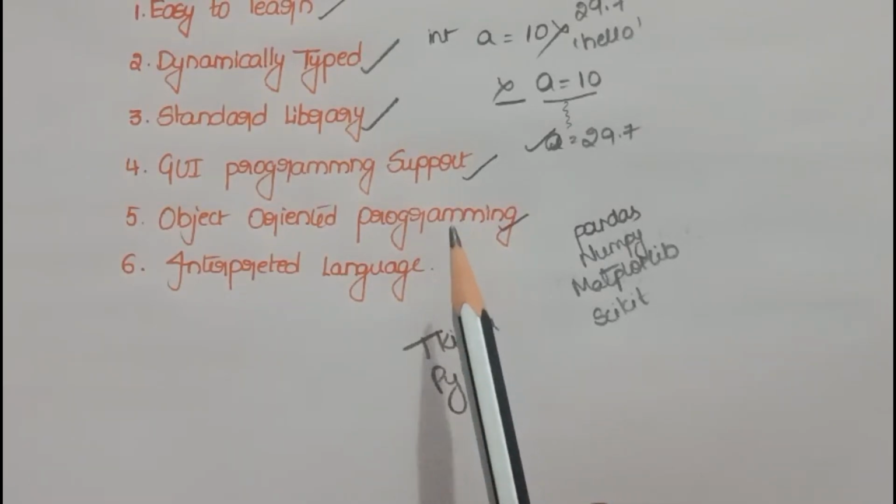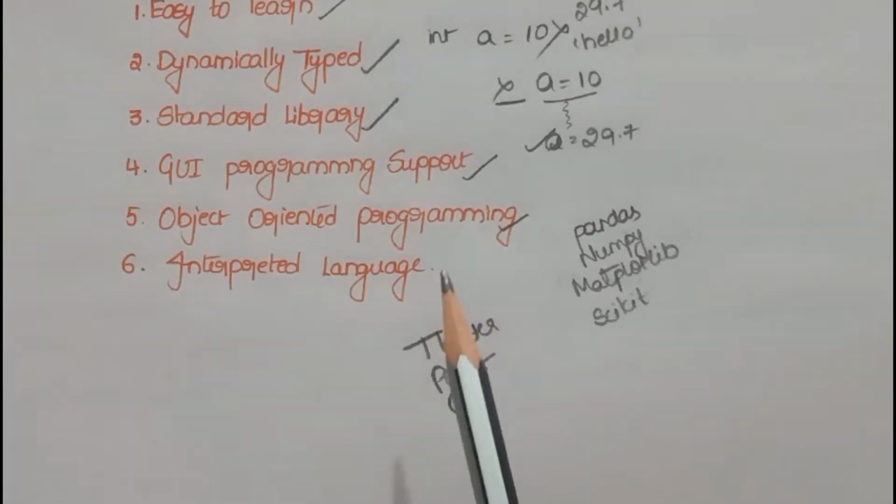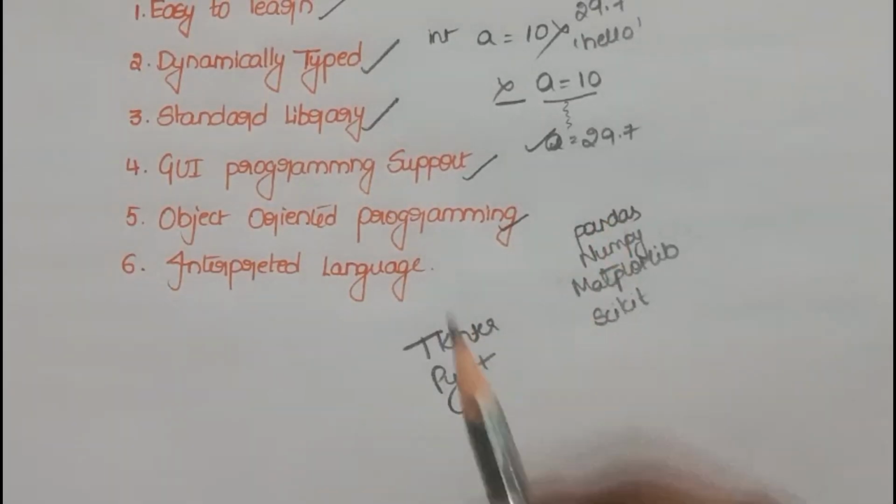We will get to know about these object oriented programming features of Python in detail in the upcoming videos. For right now, you just remember Python is a fully object oriented programming language.